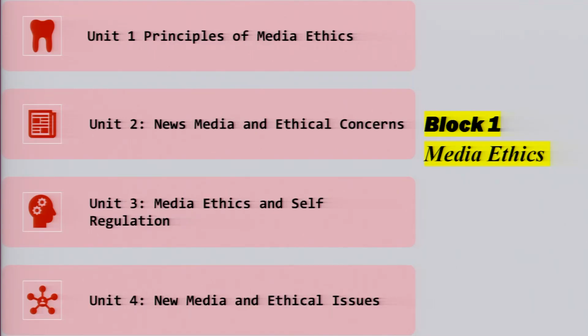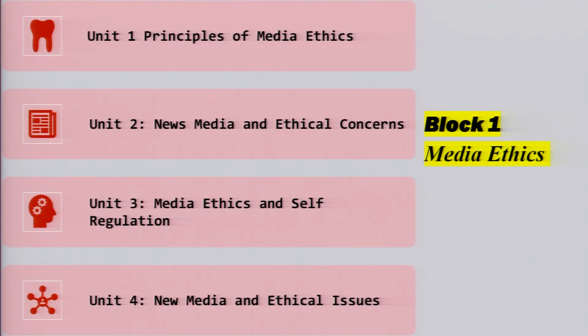So after you've gone through the basics of ethics and the theories related to it, Unit 2 takes you to news media ethics and the concerns. So particularly to the ethics related to the news media. Here you will see that we describe major ethical concerns such as conflict of interests, business pressures, subjectivity in reporting, news source confidentiality, paid news.